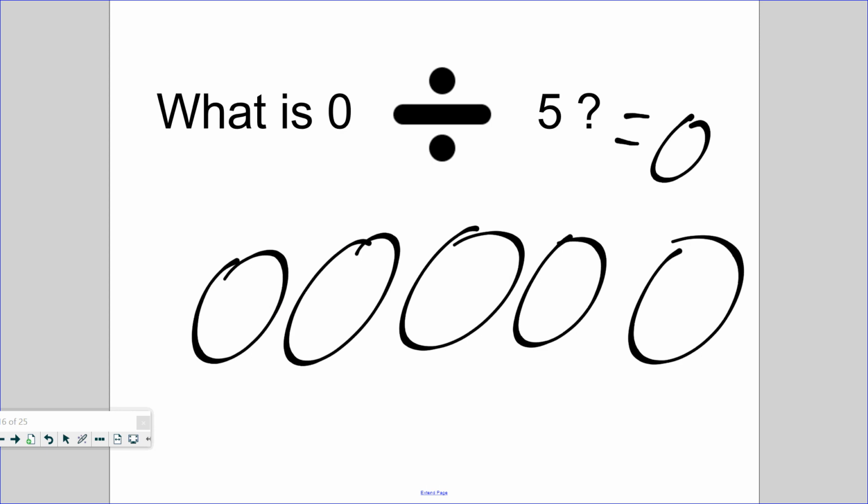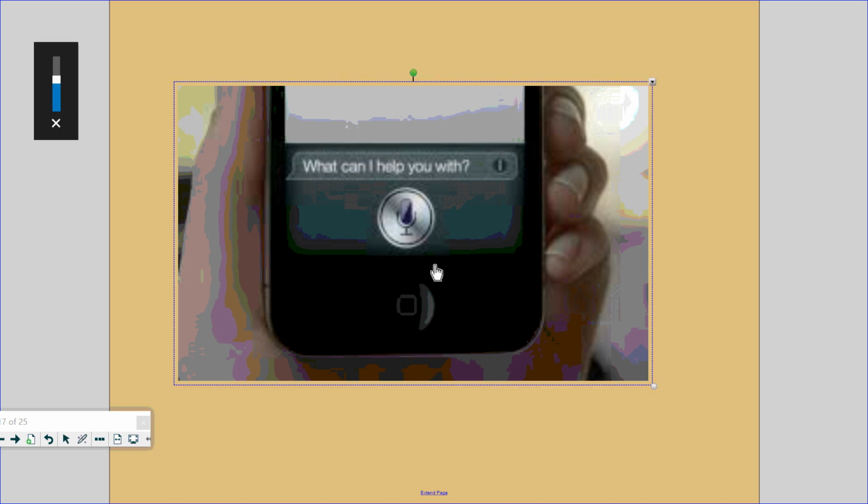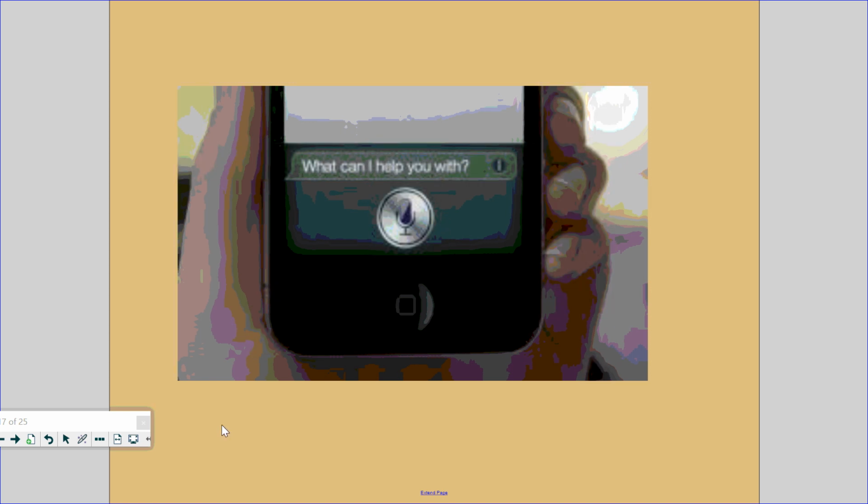There's an Easter egg in Apple products. So you may have asked this question before. What is 0 divided by 0?